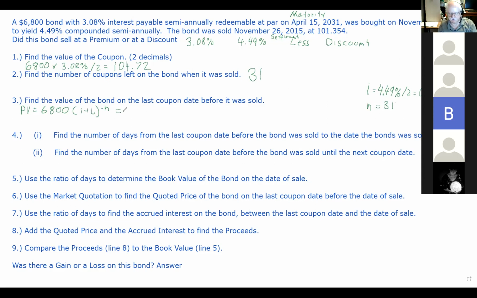So recall 1, plus 1, y to the x, 31, make that negative, and then times 6800.